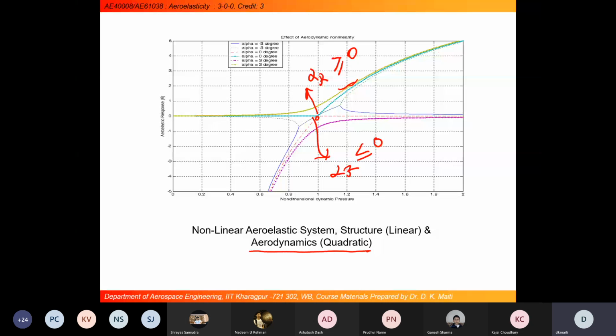If I go beyond this, I have one more route coming. This is actually from the negative value of alpha. When I take alpha less than or equal to 0, the critical point we get is lower than this point, lower than q bar equal to 1.